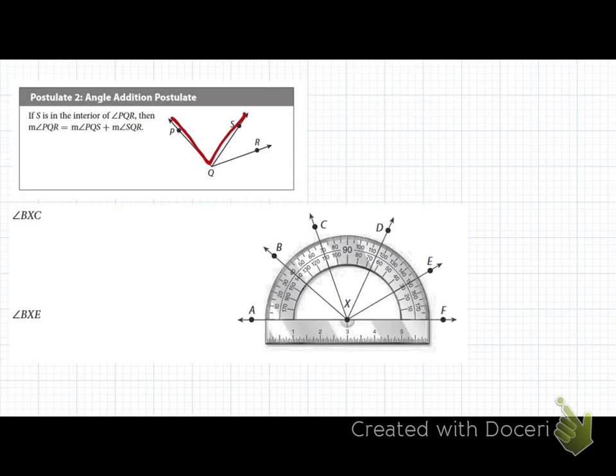We're going to add this one plus SQR, and we're going to get PQR. Okay? So that is the angle addition postulate.